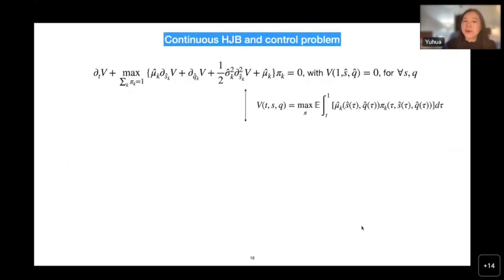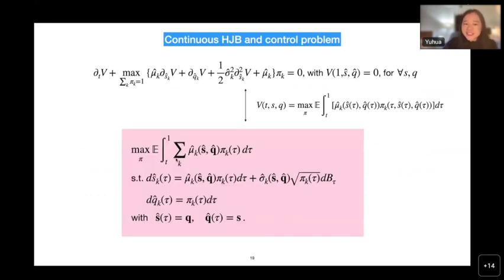Okay, let's see the first one. First, you probably know that the HJB equation is actually the solution of a stochastic optimal control problem. For our HJB equation, the corresponding optimal control problem is this one, where the objective function is basically the cumulative reward starting from time t.